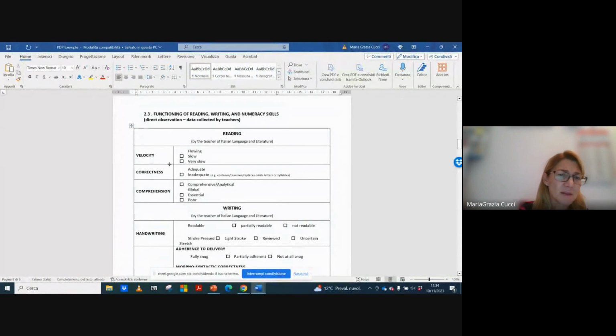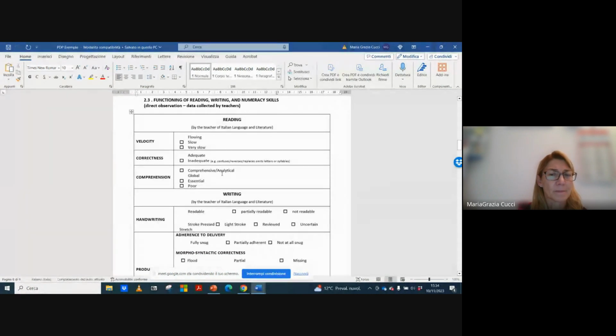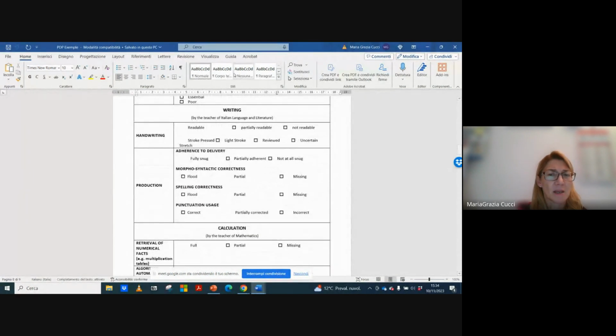So, velocity, fluency, correctness, comprehension. If it is okay, you do not check anything. For instance, adequate, nothing to check. Inadequate, to check. Same thing about writing.